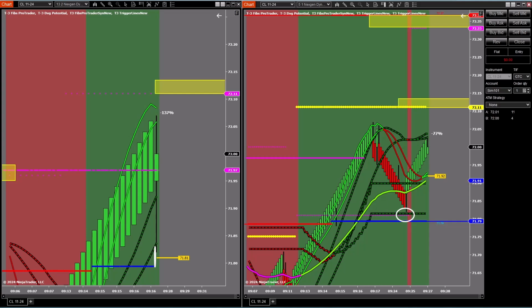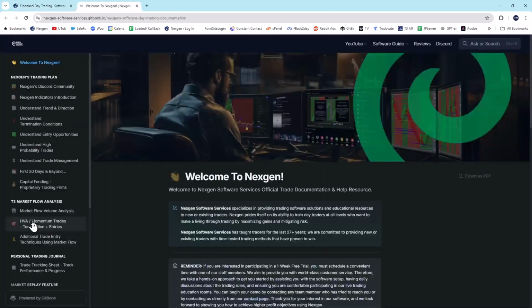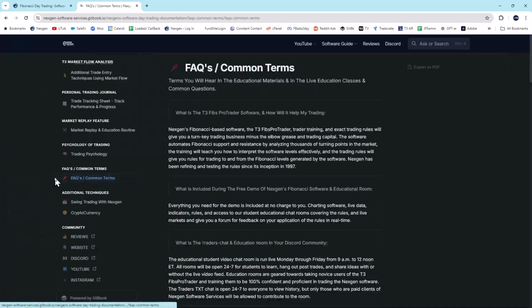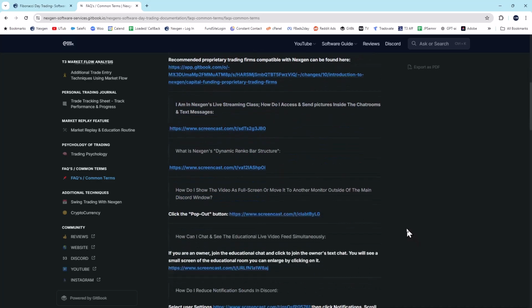Samuel, a pivot stop out. Again, look, I'm going to go to the user guide here. And again, when we get down into FAQs, commonly asked terms, stuff like that, I was hoping that my AI was going to kick in, because whenever you ask a question like that, it's supposed to kick my AI in and answer the question for you, Samuel.